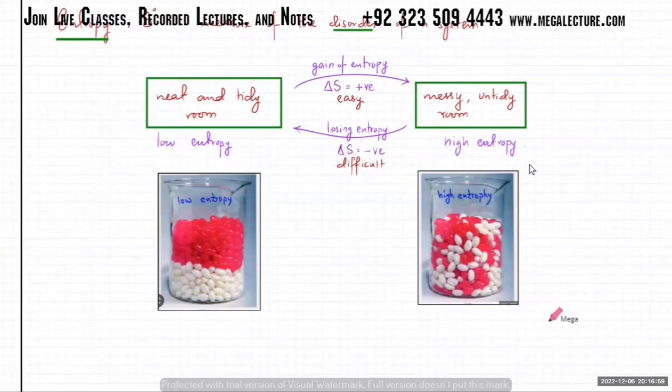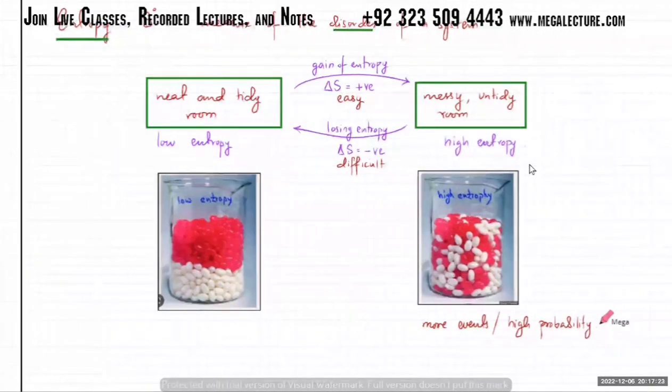There's more probability, you got more events. There are almost infinite events of high entropy states, and it's got a very, very high probability. There are infinite possible ways in which the marbles can be arranged in a disordered way, and there are very few ordered events, so it's got a very low probability.